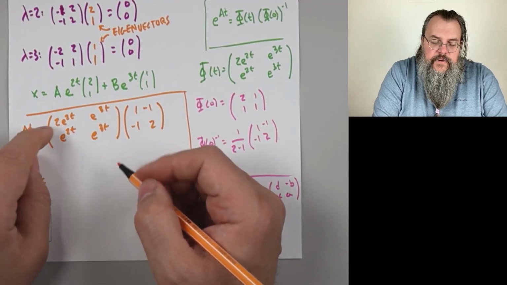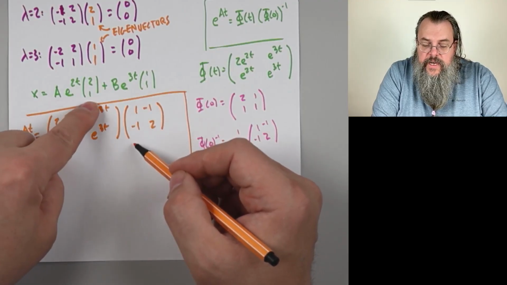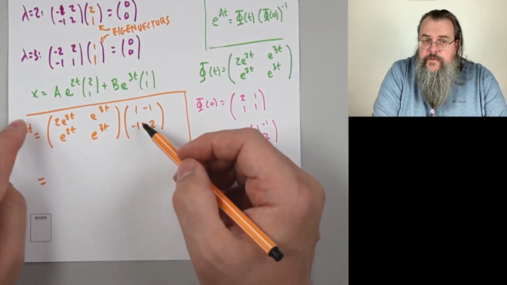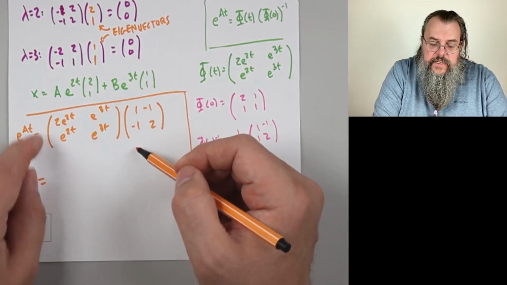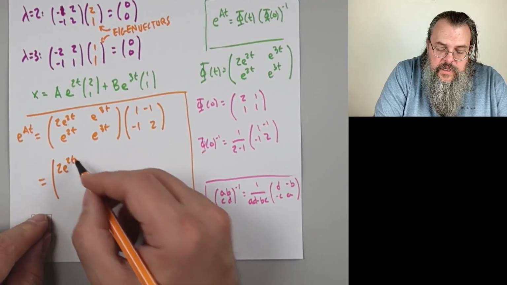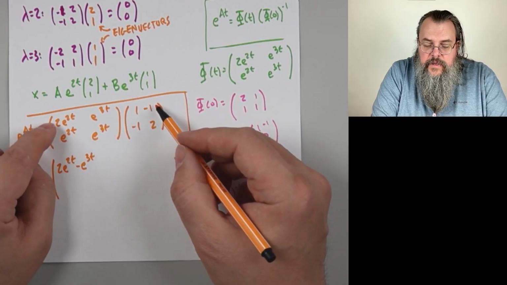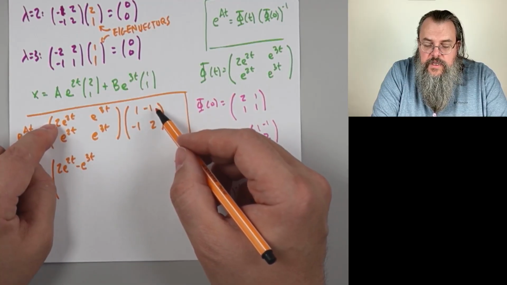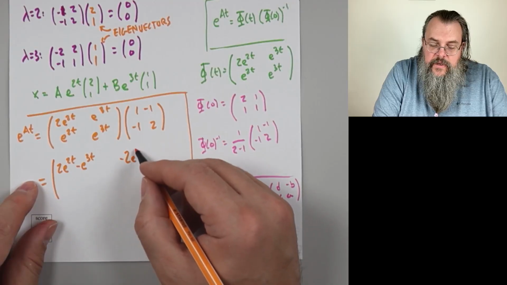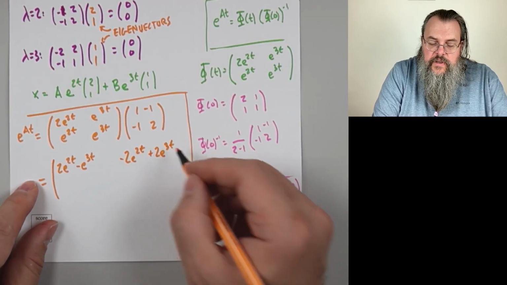And matrix multiplication, so on the rows, down the columns. Rows on the first, columns on the second. So 2e to the 2t, subtract e to the 3t. And then minus 2e to the 2t plus 2e to the 3t.